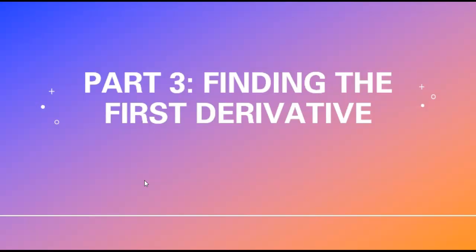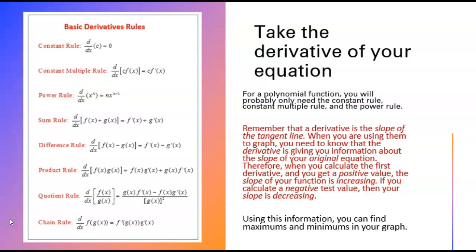So now we're going to go ahead and find our derivative. So this is the first derivative. It should already be a review, but if not, here's a graph to the side of some properties. Remember, though, that the derivative is the slope of the tangent line on a curve from your original function.